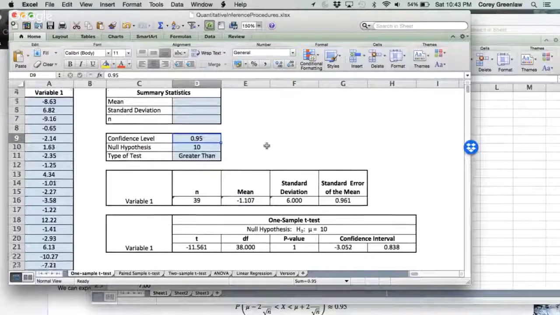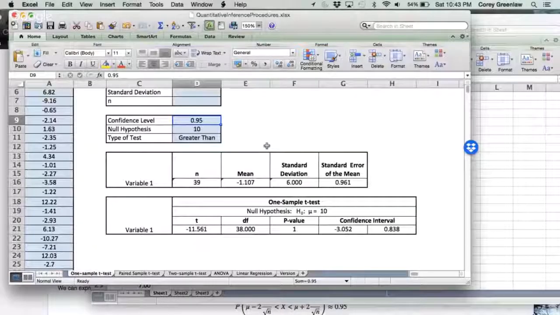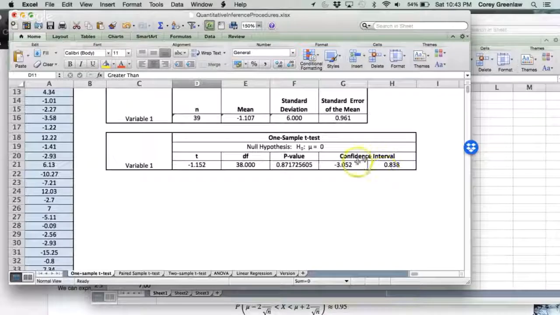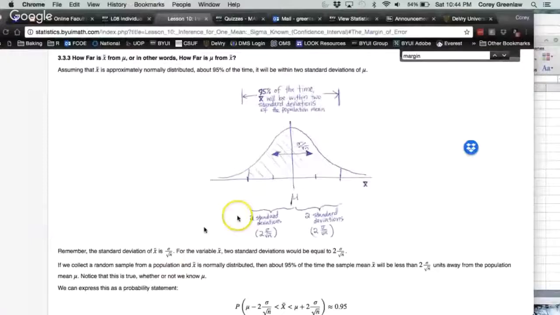Sorry, I changed it to 0 because our null hypothesis is 0, but that's fine. That just changes our p-value. It doesn't change our confidence intervals. So our confidence level is there, and what we're looking for here is the confidence interval. If we look at those two values, these are the actual rate of return confidence intervals. So if we go back to here, these would be the values on this side of the curve and this side of the curve.